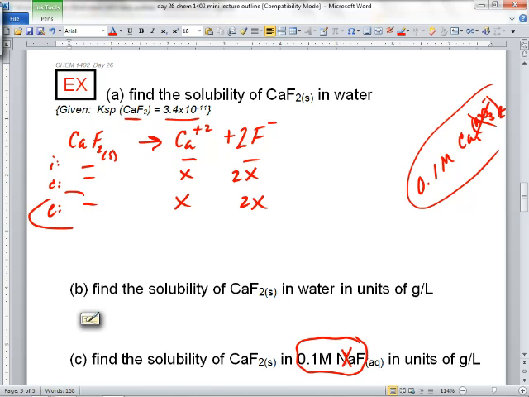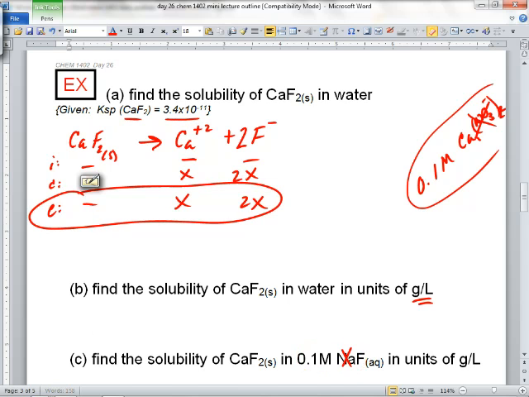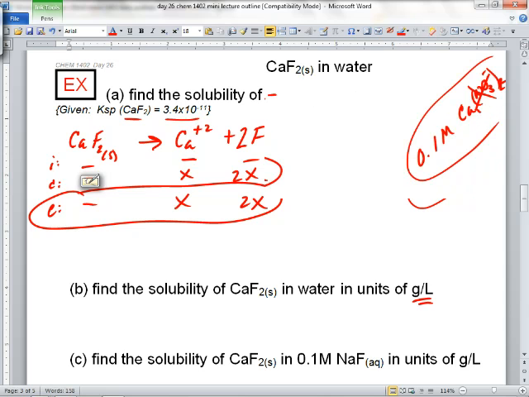Here's all of our answers. If they wanted to know the equilibrium concentration of fluoride, you just find 2x. But they're not. Now, look at this, kind of messy, though. They want grams per liter. Let's worry about that later. Let's just get our X and ice.